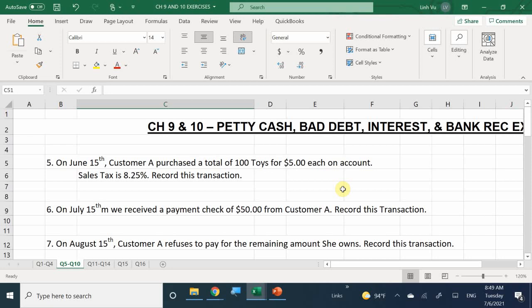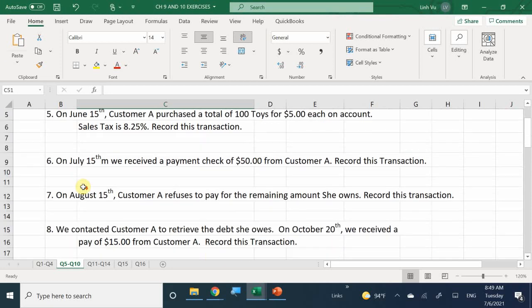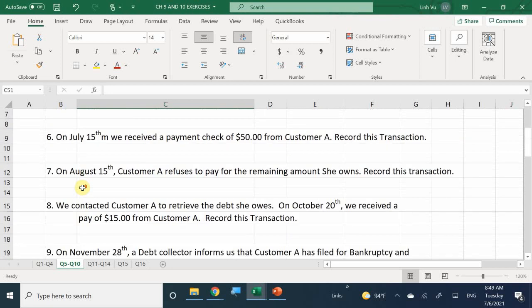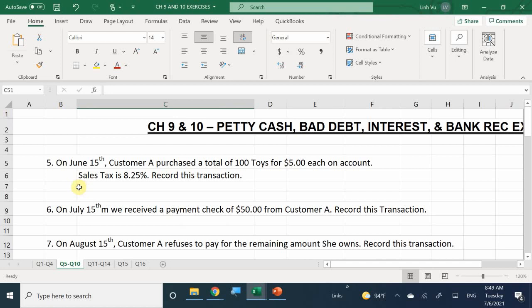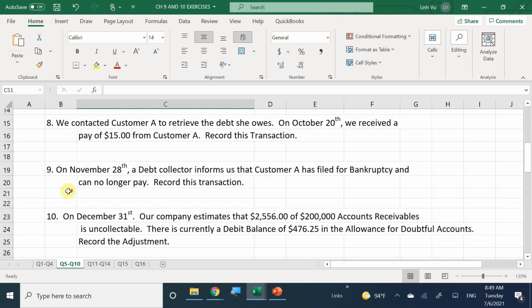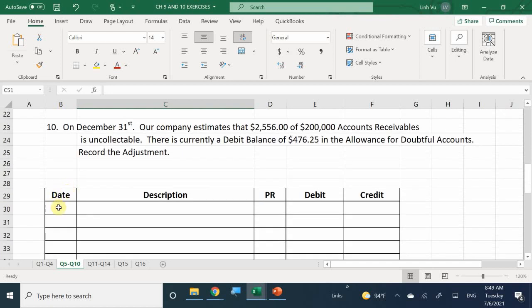Record this transaction. The date is June 15. So how do we record that customer A decides to purchase 100 toys at $5 each on account? This section is related to the allowance method, right? Correct.